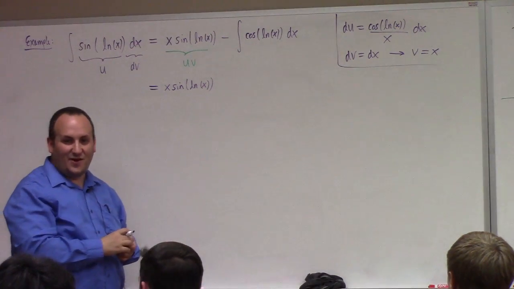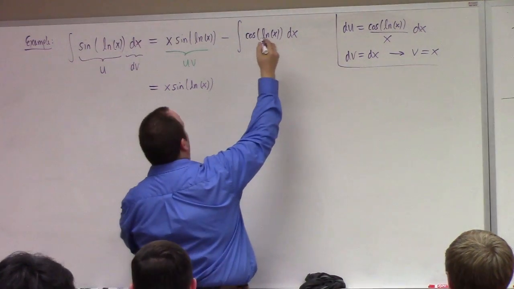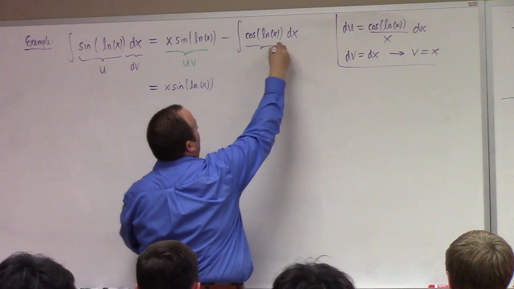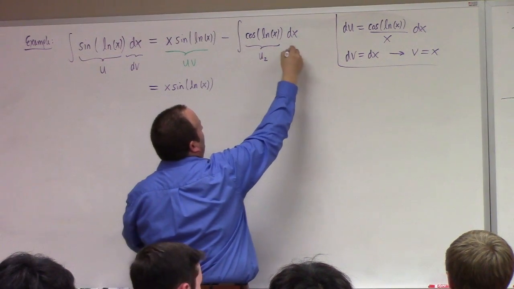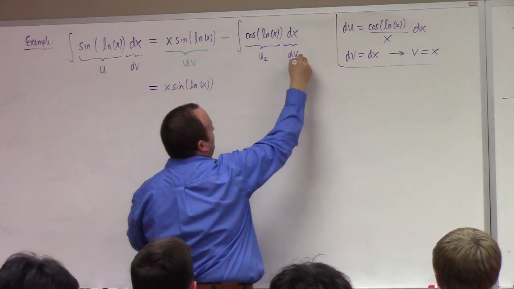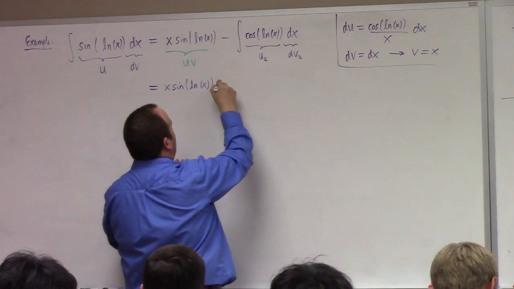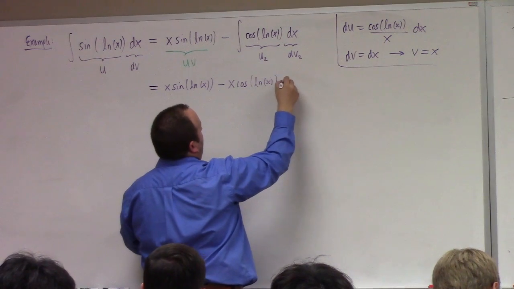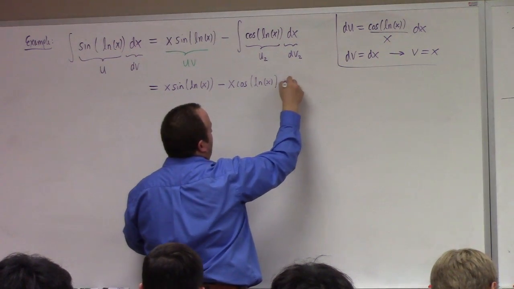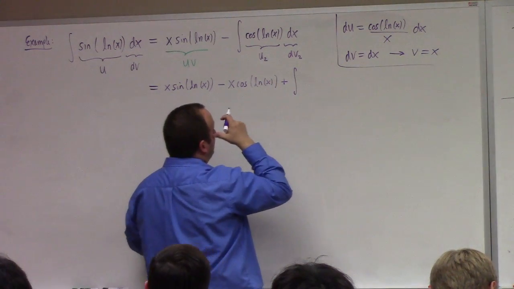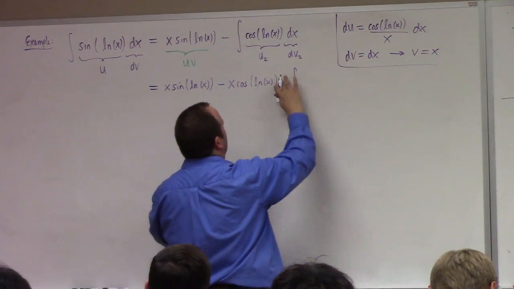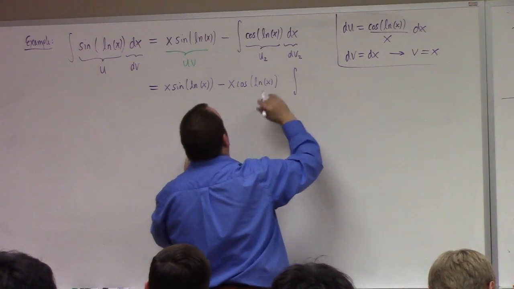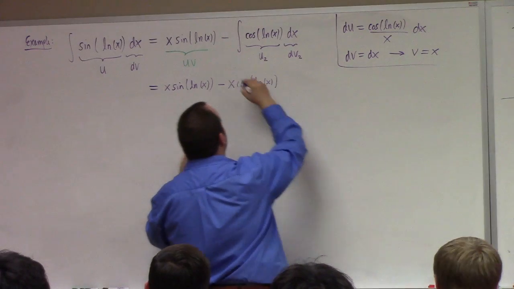So here's what we're going to do. We're going to make this u2, and I'm going to make this dv2. And so that's going to give me minus x cosine of the log x. Minus minus gives me a plus, the integral of... I better use parentheses, parentheses are our friends.